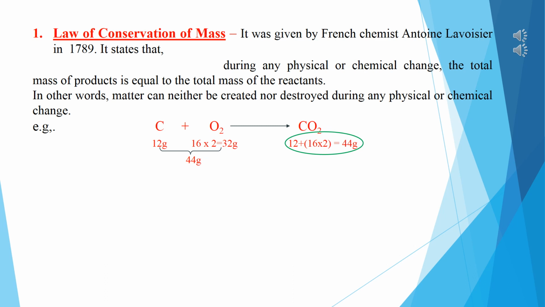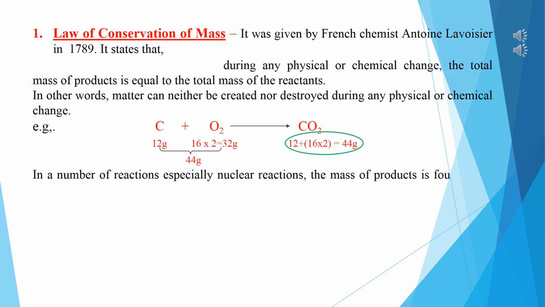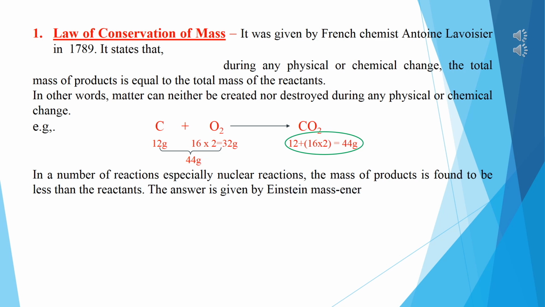But in a number of reactions, especially nuclear reactions, the mass of products is found to be less than that of reactants. The answer is given by Einstein's mass-energy relationship, that is E = mc², where m is the mass lost and c is the velocity of light.